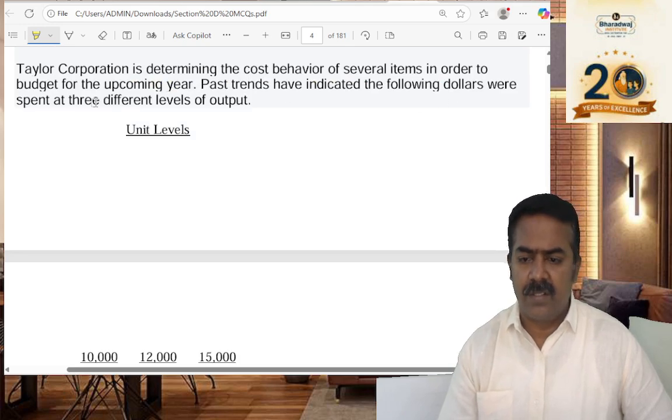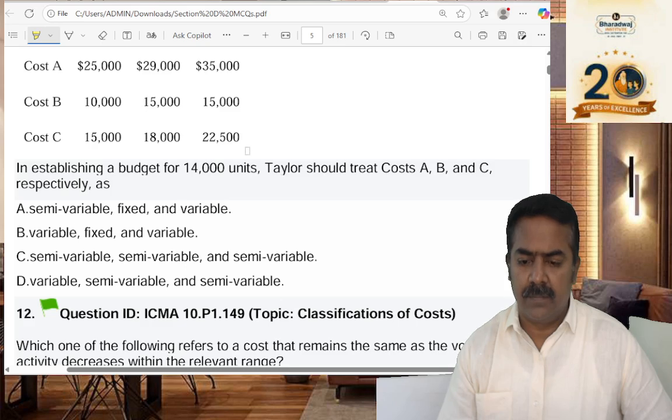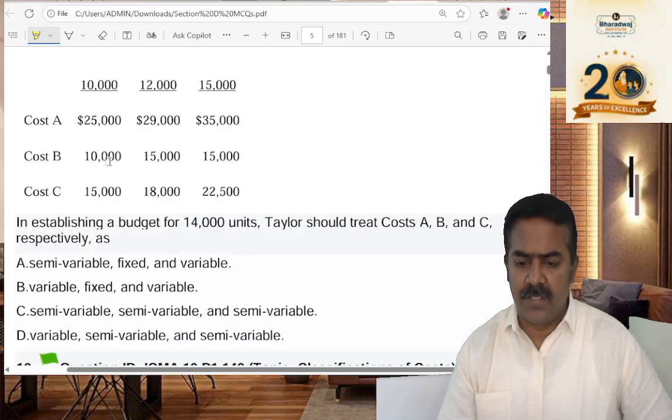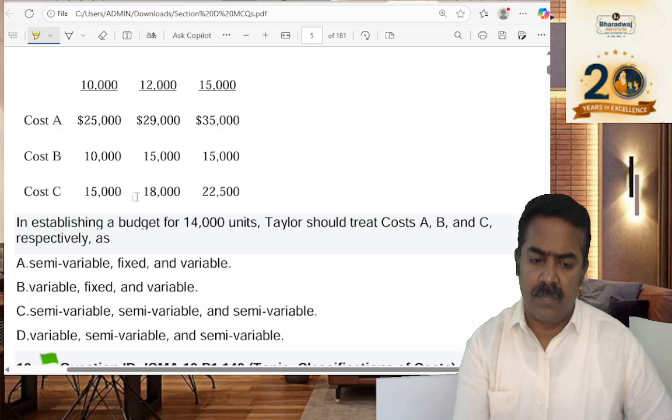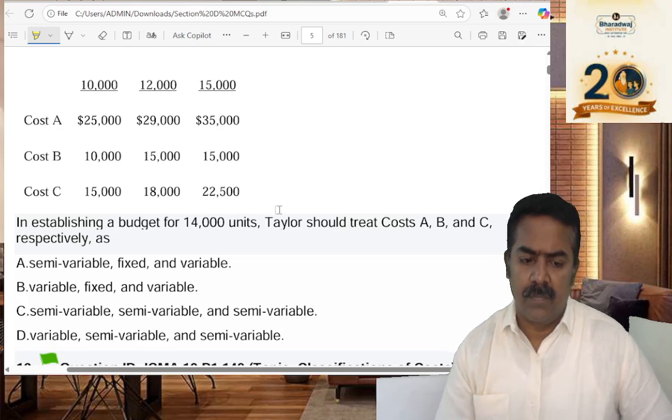Cost trends, three different output levels are given. This is also the same question. You can see the high-low method, 10,000, 15,000, whatever changes becomes variable. 15, 22,500 rupees.